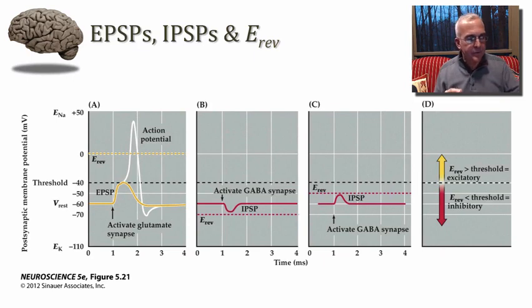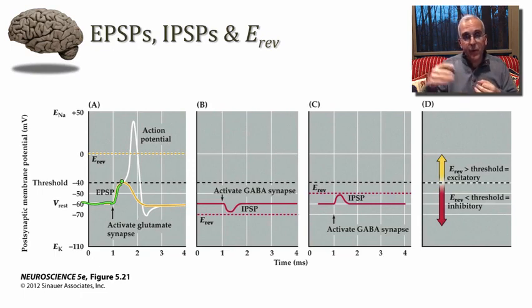Okay, so let's put this together now. So we activate a glutamatergic synapse, or perhaps a collection of glutamatergic synapses on this cell. The cell begins to depolarize because sodium is rushing into the cell through the AMPA receptor channel, and its reversal potential is around 0 millivolts, so we've got a large conductance because the channel's open, and we've got a large driving force, right?